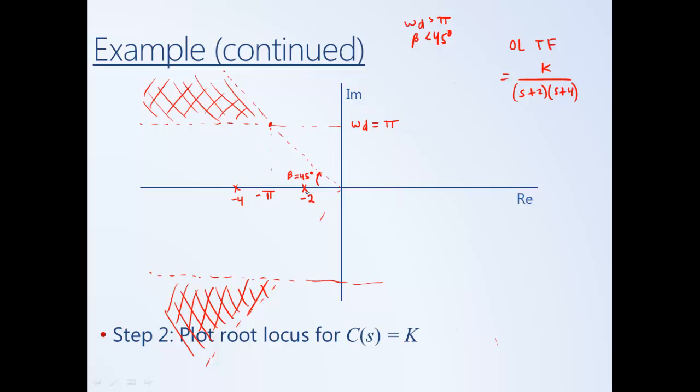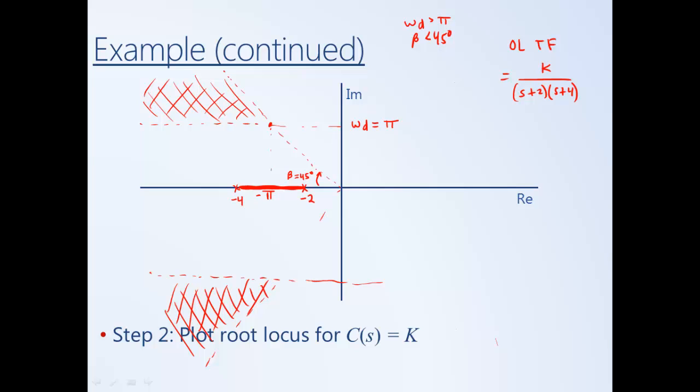In the region between the two poles, between -2 and -4, we're to the left of one pole. Since 1 is odd, we do have a root locus in this region. And then out here, we're to the left of 2. We're to the left of both poles. Since 2 is even, there's no root locus in this region.